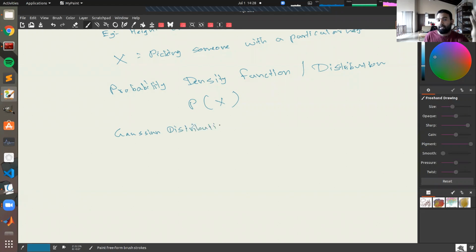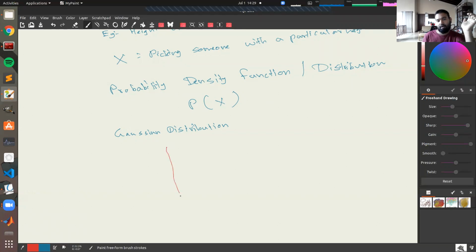So something like height would typically be a Gaussian distribution, right? If we look at the height of all of us here, we'll have only a few people who are really tall, and only a few people who are really short. Everyone will be kind of in the middle.